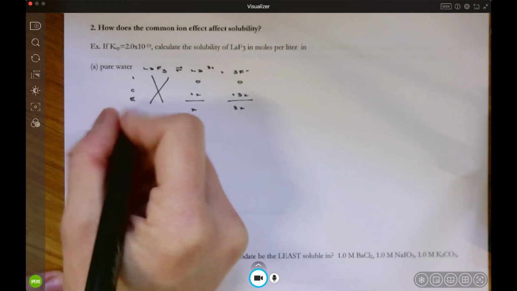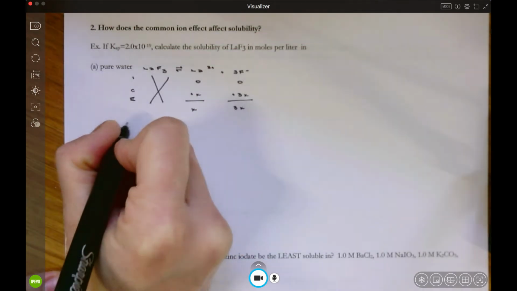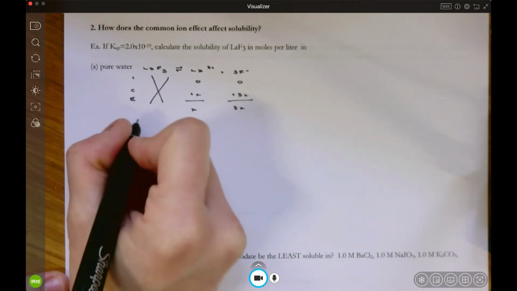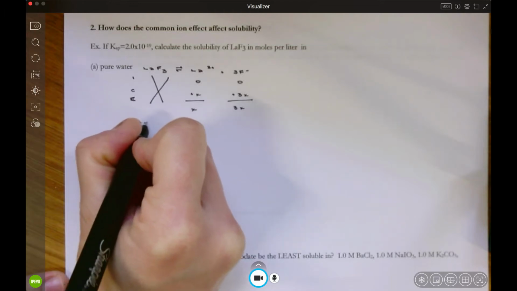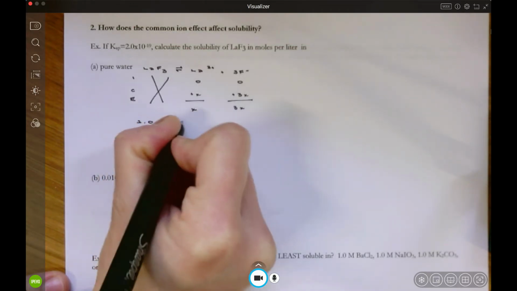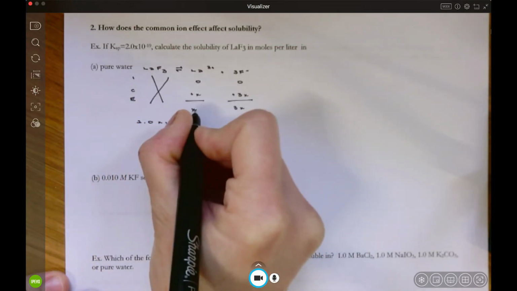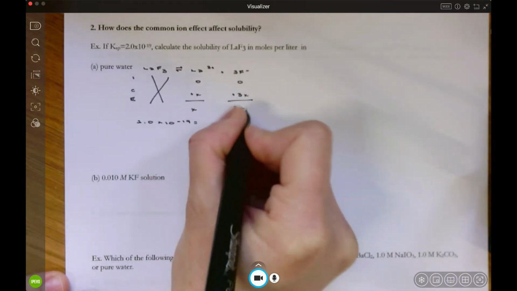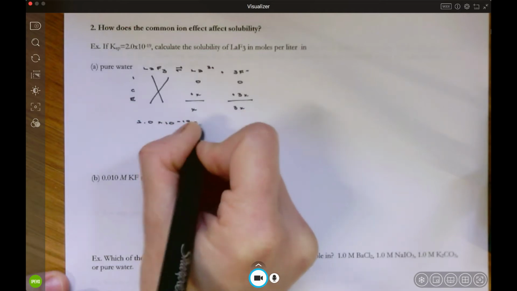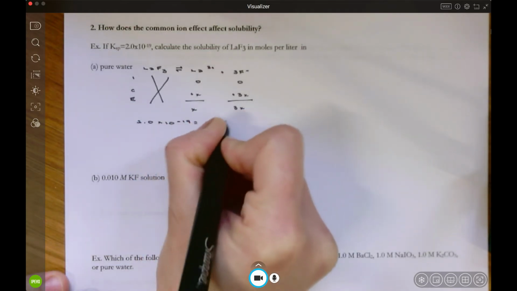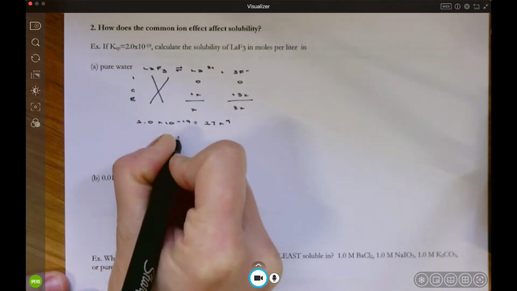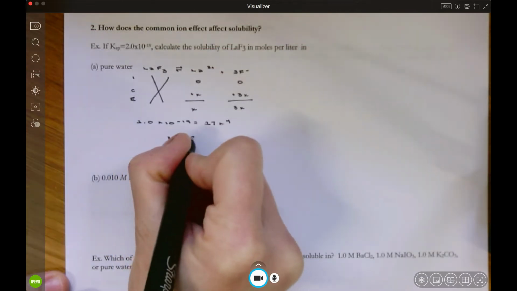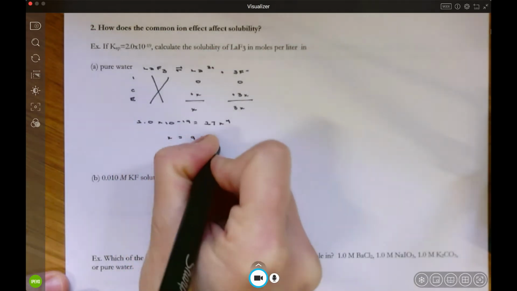And so when I put in my Ksp expression, it's going to be 2.0 times 10 to the negative 19th equals x times (3x) cubed, which would be 27x cubed times x, so that would be 27x to the 4th. So when you solve for x, the concentration that you get is 9.3 times 10 to the negative 6.